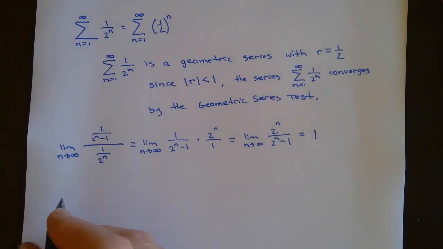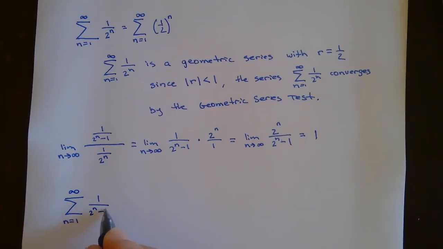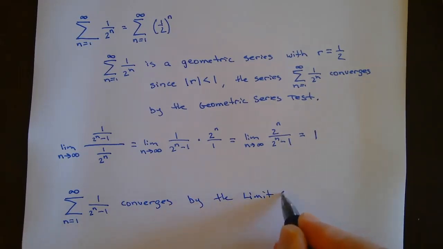The sum from n equals 1 to infinity of 1 over 2 to the n minus 1 converges by the limit comparison test.